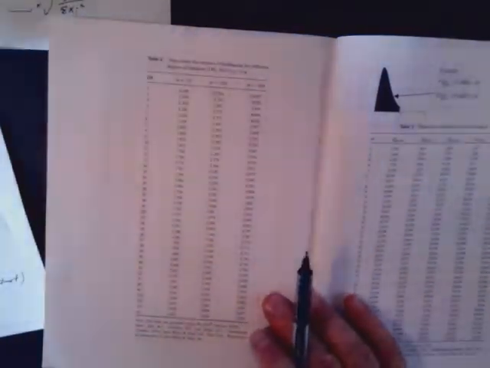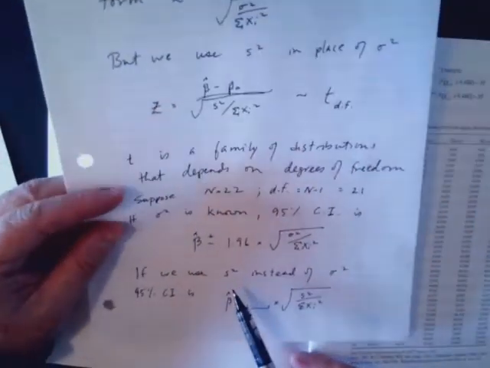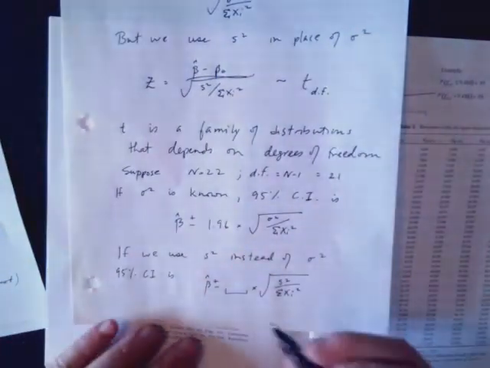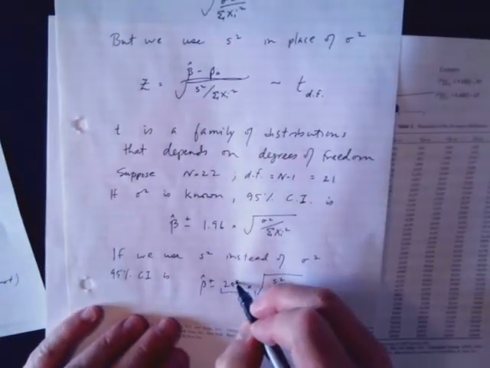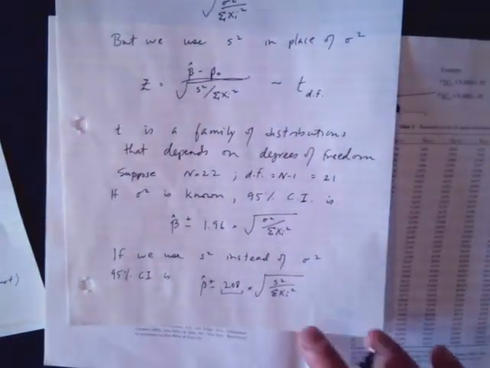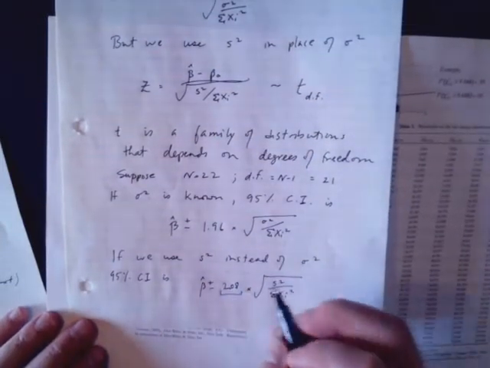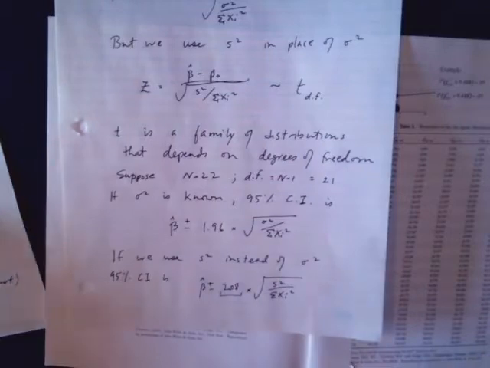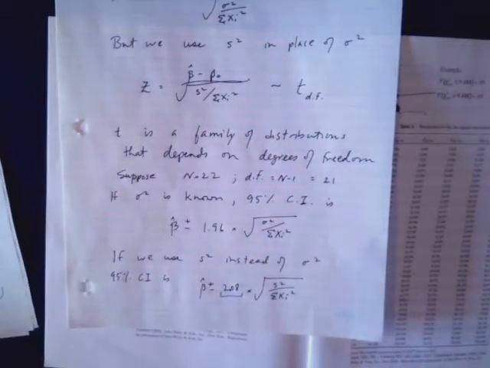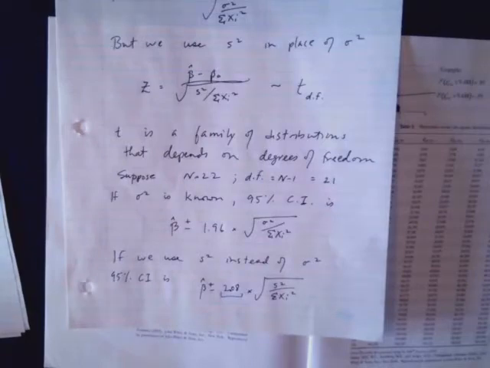But anyway, remember, back here I said we want a number that's a little bigger than 1.96, and we get that as 2.08. Now, what if we have a smaller sample size?